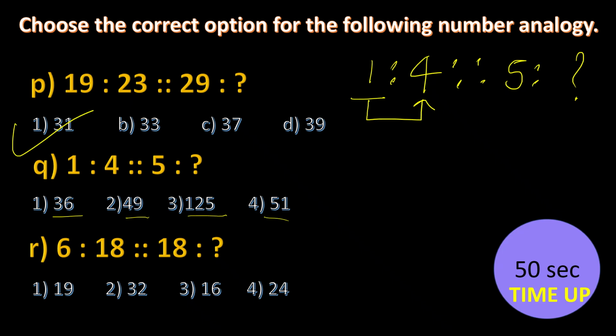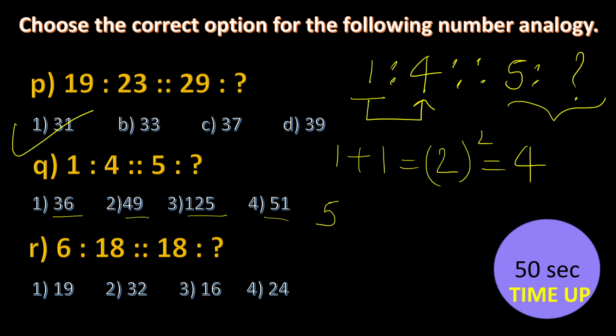So if I do 1 plus 1, I'll get 2, and 2 square if I do, I'll get 4. Okay, so this is the logic. Now similarly, for this you need to apply 5 plus 1 I will do, which will give you 6, and square will give you 36.